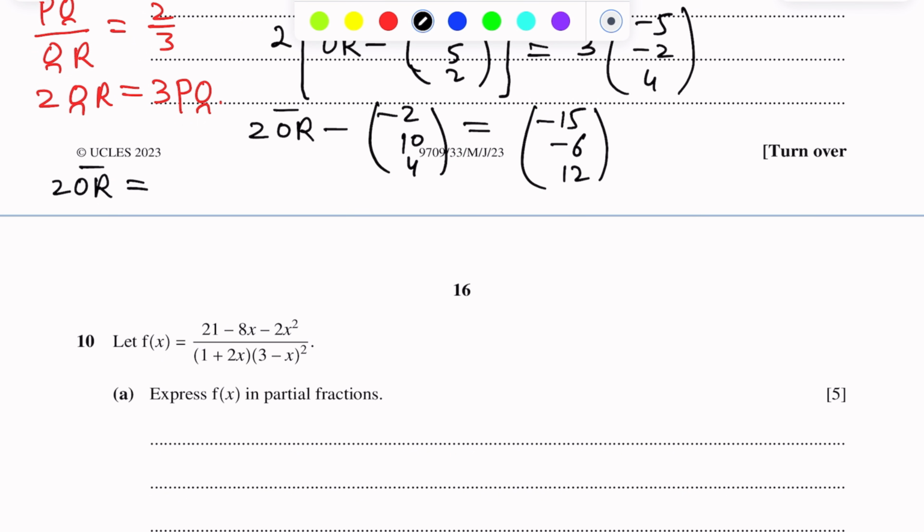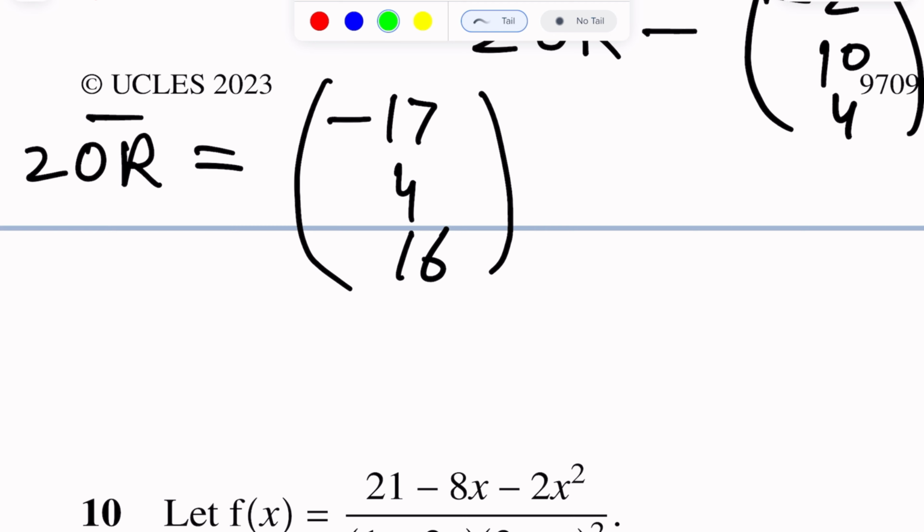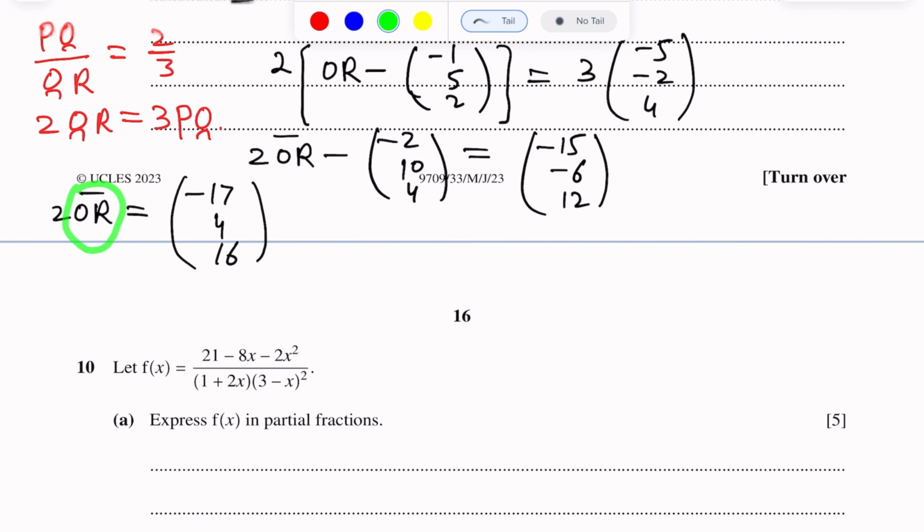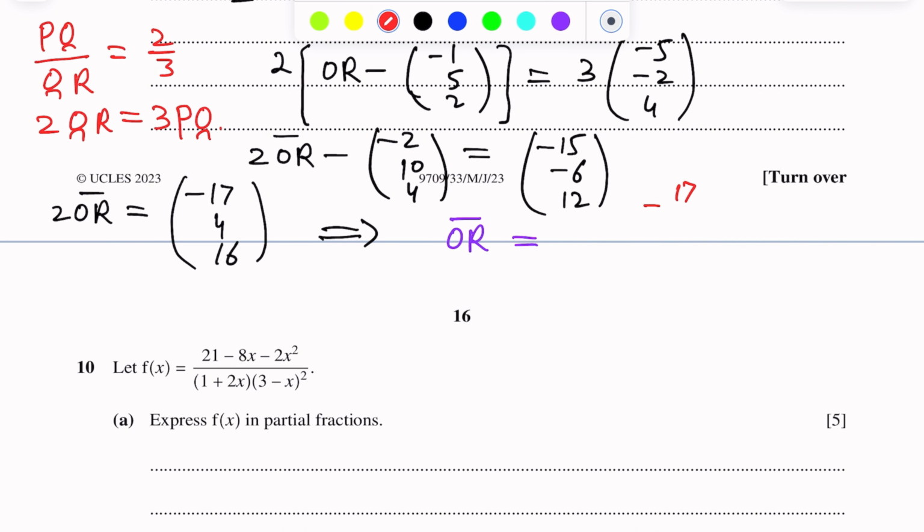We get finally minus 17, 4, 16. Actually, we have to find the position vector of R, means OR. This 2 will be divided by all these three components. So finally we get OR, the position vector of R, is minus 17 over 2, 2, 8.